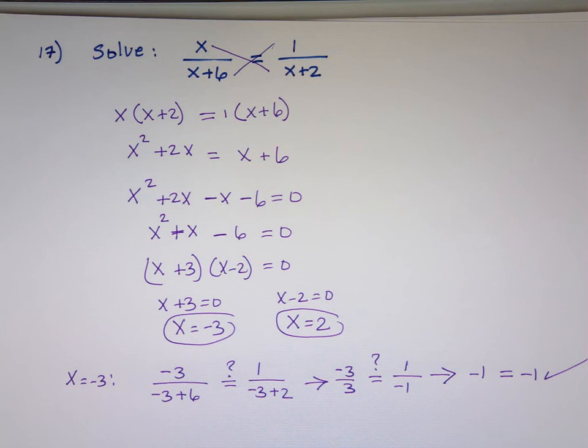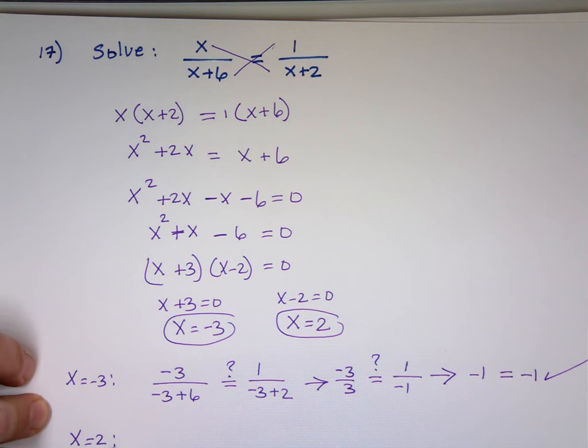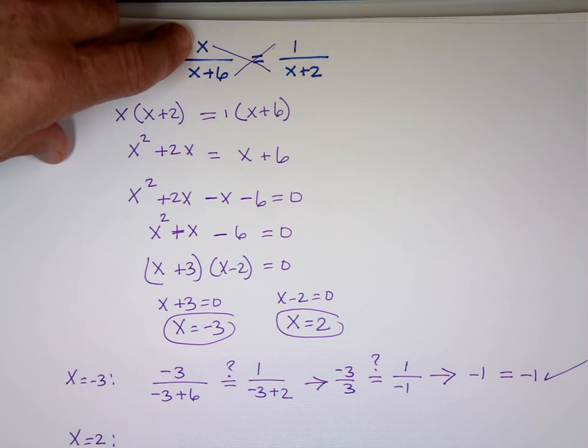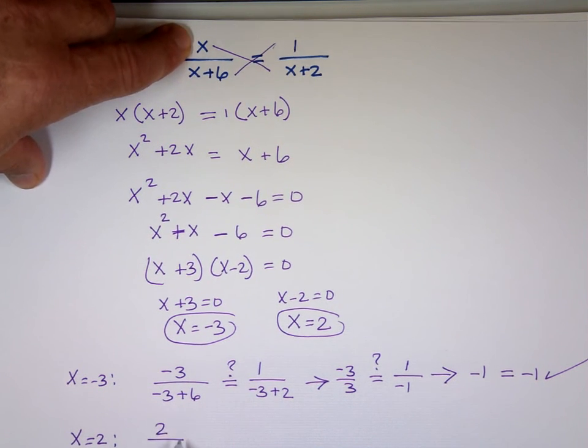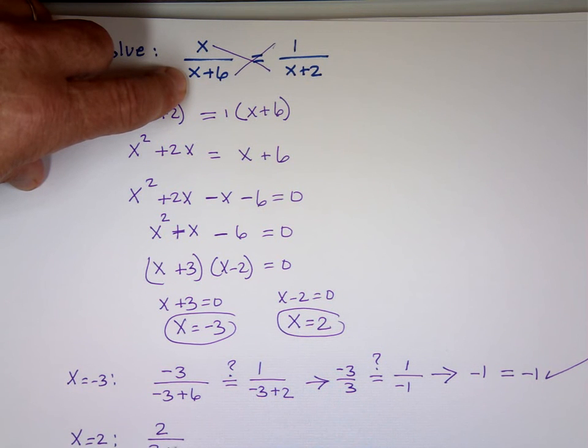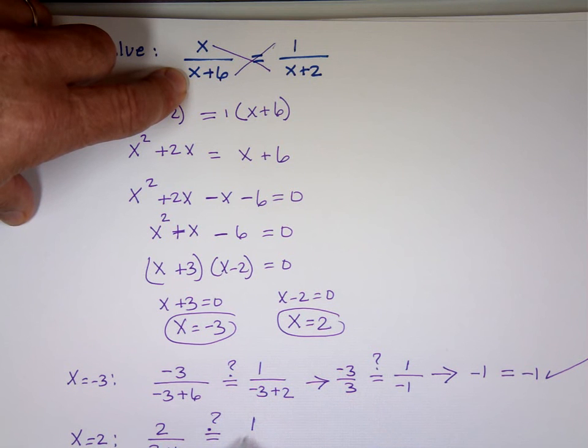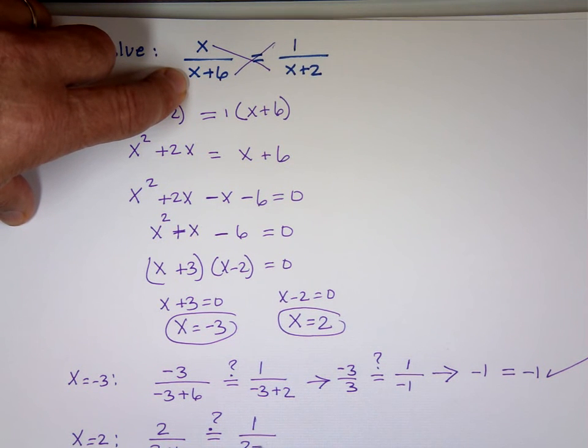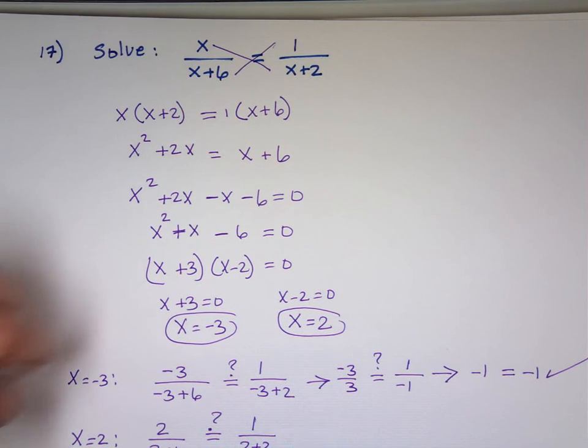Let's try the 2. Make sure the 2 works. Plug it in. Is 2 over 2 plus 6 equal to 1 over 2 plus 2? That's 2 over 8.